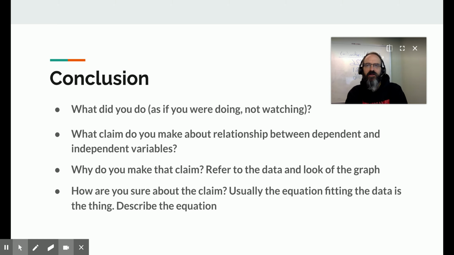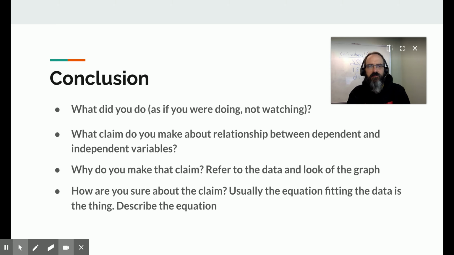So you would say something along the lines of, when I collected the data, as the time increased, the distance increased in proportion to that, or proportionally with the time. The distance and time increase together at the same rate. That's the nature of that straight line relationship. So that just generically refers to our observations here.